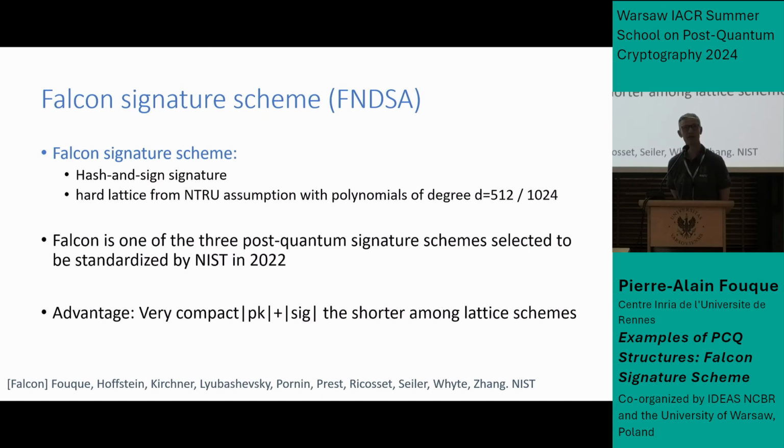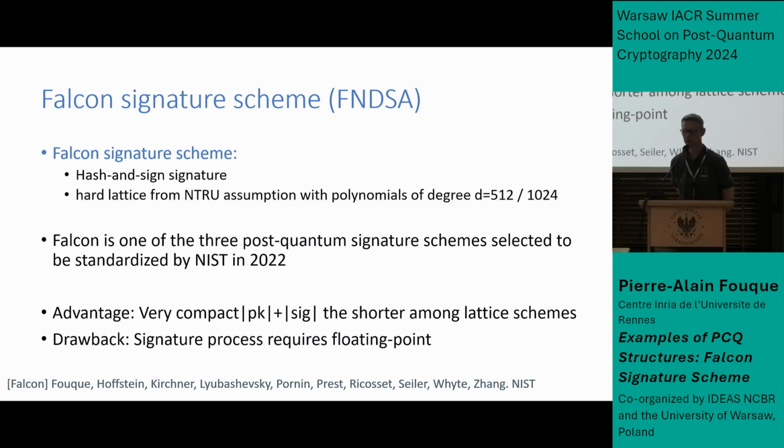This means that the size of the public key and the signature is shorter than in all other schemes. This is very interesting for PKI and certificates, because usually a certificate has a public key and also a signature that allows you to authenticate it, so that means you can have short certificates also.